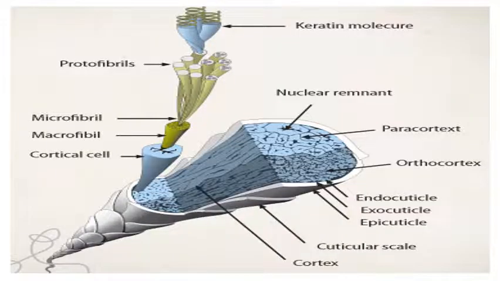Here we will see a little more detail about the microstructure of the wool fiber. From the bottom, the blue colored portion is the cortex, and the outside white scale-like portion is the cuticle.